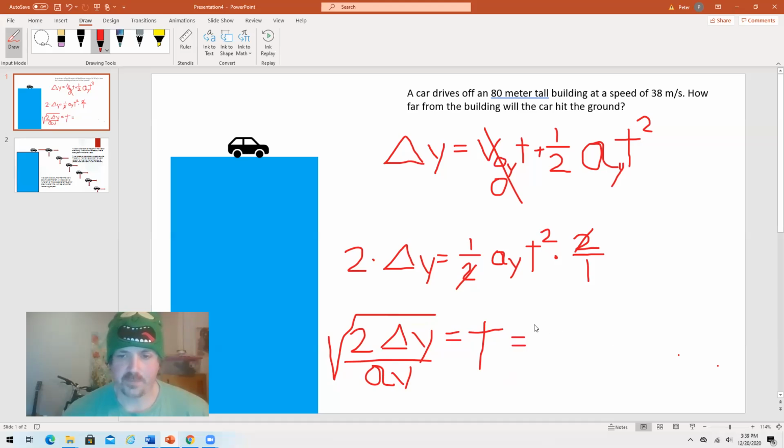Okay, so square root of 2 times, remember, delta y is going to be our final, which is 0 meters, minus our initial, which is 80 meters, divided by negative 9.8 meters per second squared.